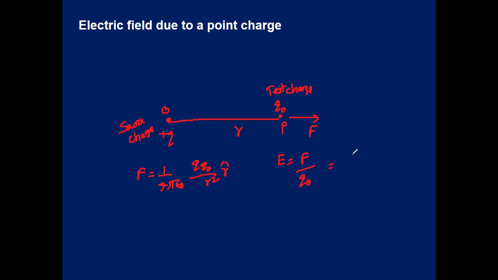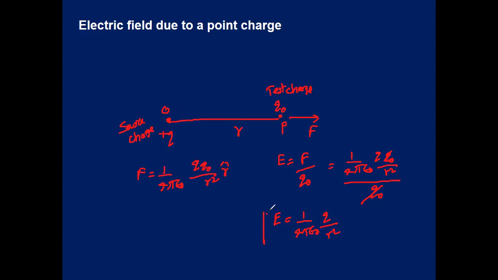Hence, E is equal to 1 by 4 pi epsilon naught into Q Q naught by R square, divided by Q naught. So Q naught will be cancelled out. Hence, electric field E is equal to 1 by 4 pi epsilon naught into Q by R square.